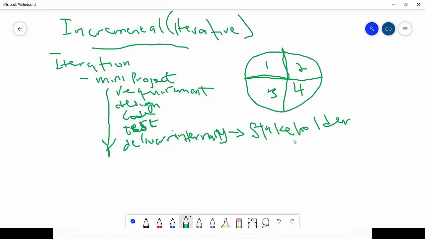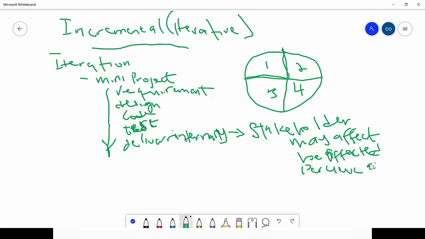The stakeholder, any individual, any group or organization, they may affect the project, they may be affected by the project, or they may perceive themselves to be affected by any decision made of a project.